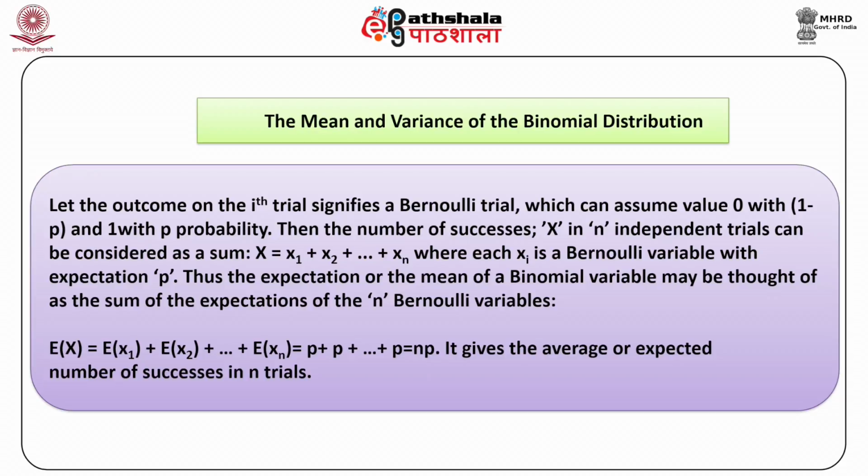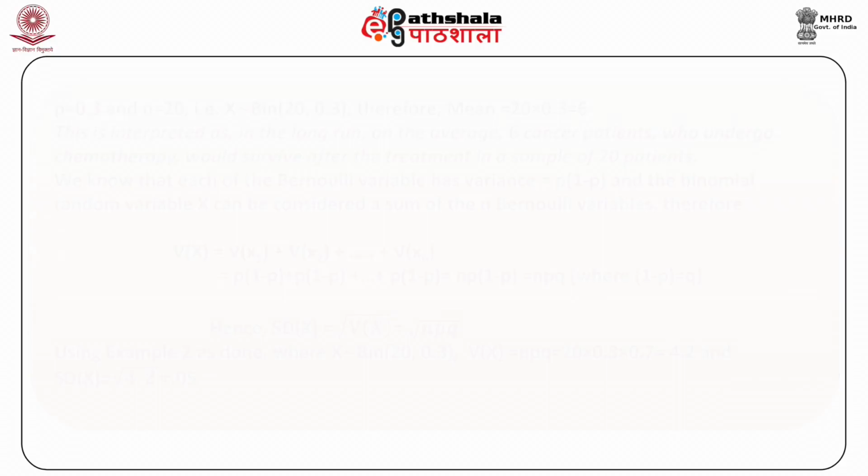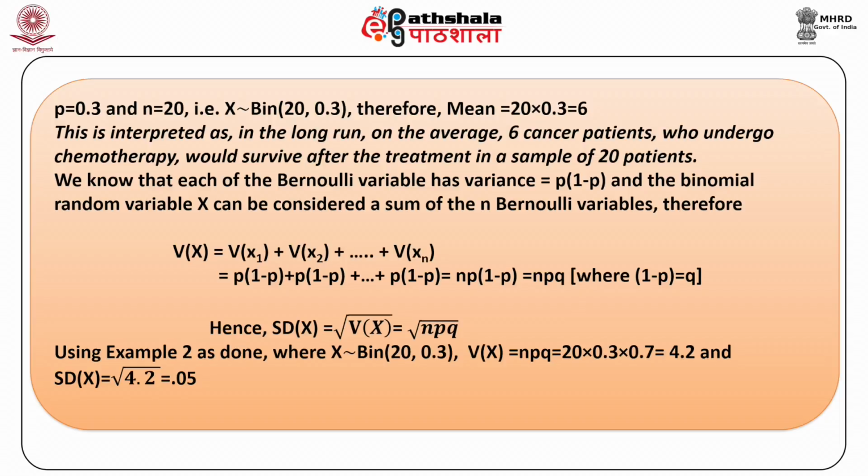Or it gives us the average or expected number of successes in n trials. So, if n is the number of trials and p is the probability of success, then np is the expected value of X. In our example 2, where p was equal to 0.3 and n equal to 20, you may find that the mean will be equal to 20 times 0.3, which is 6.